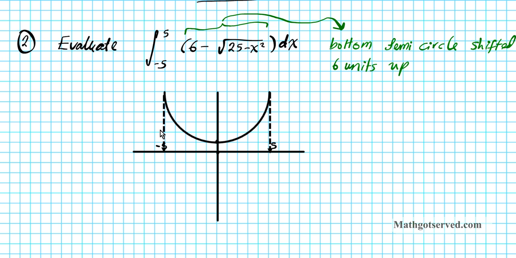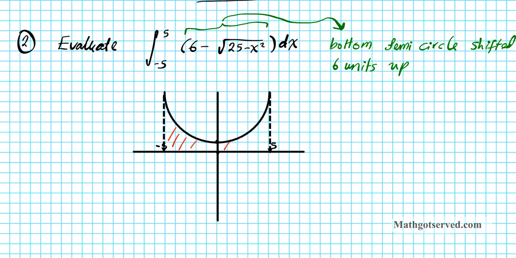That is the value of this definite integral. So you can clearly see that this is an easy geometry problem. We can visualize this as the difference between the area of a rectangle and the area of a semicircle. So this is what we're looking for here, this area down here.